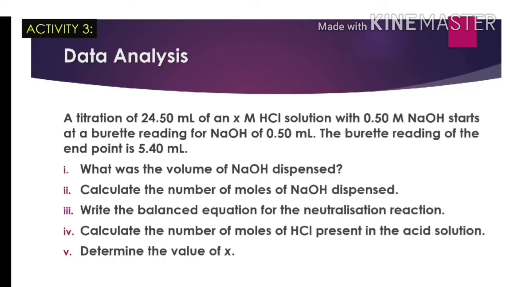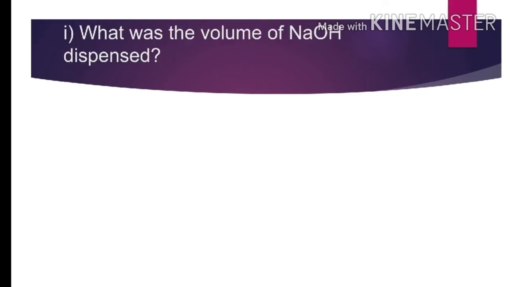Activity 3. Data analysis. A titration of 24.50 ml of an X molar HCl solution with 0.50 molar sodium hydroxide starts at a burette reading for sodium hydroxide of 0.50 ml. The burette reading of the endpoint is 5.40 ml. 1. What was the volume of sodium hydroxide dispensed?